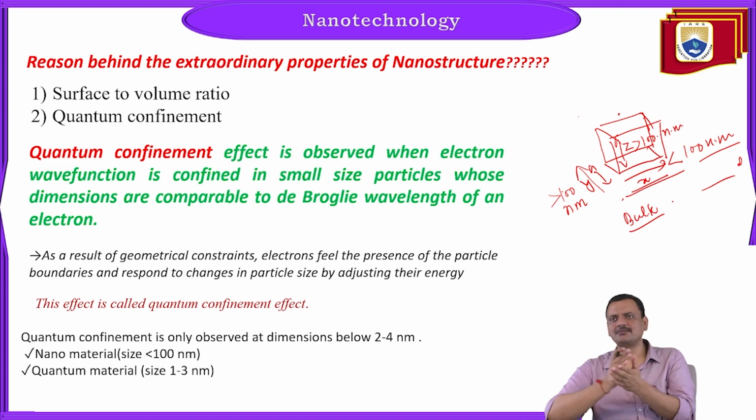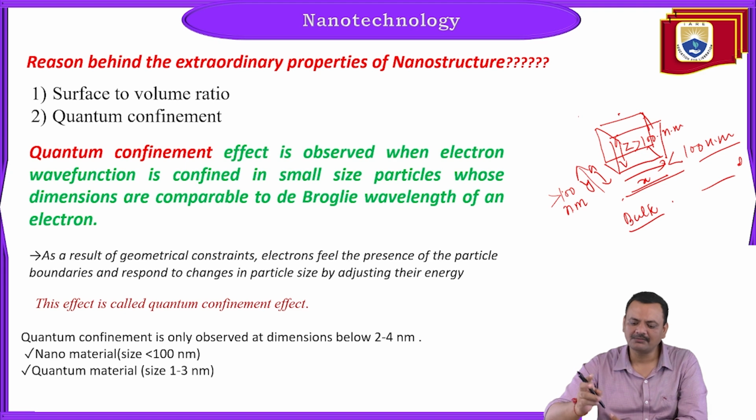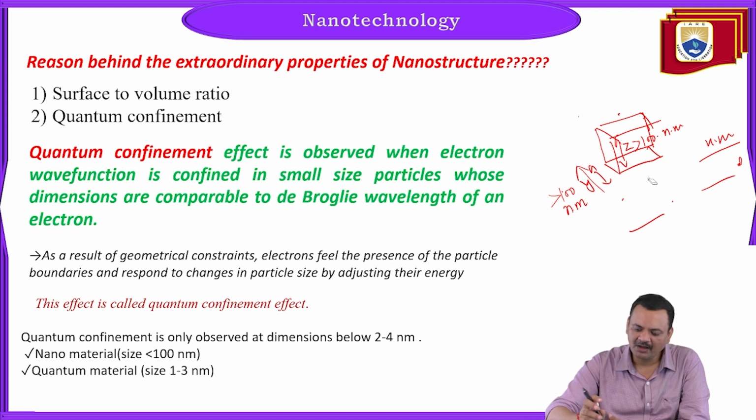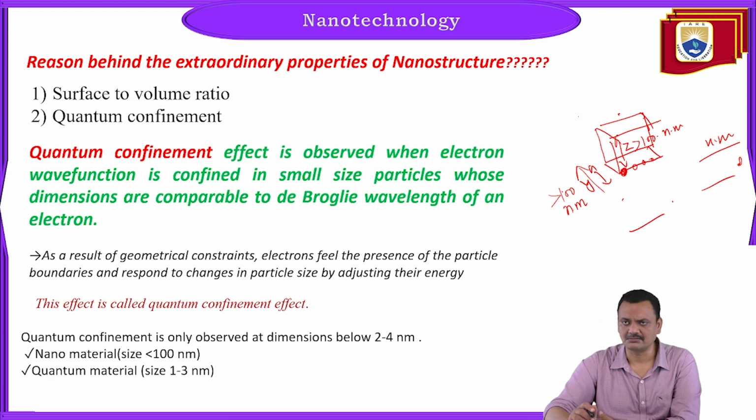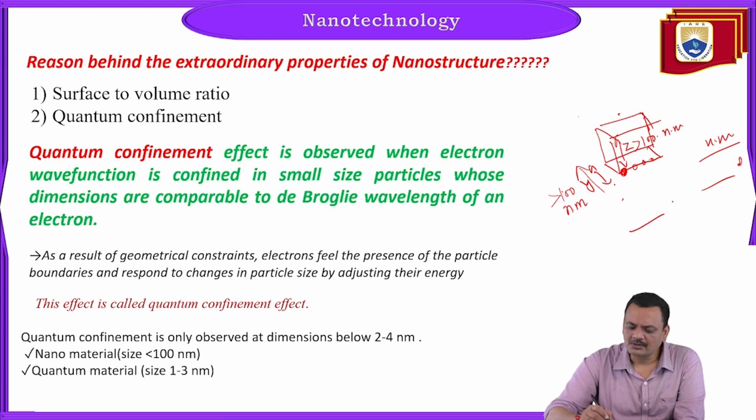Now what is quantum confinement? In this crystal a number of atoms are present, and they are trying to move in every possible direction. You know that in quantum mechanics there is the concept of the de Broglie wave or matter wave.